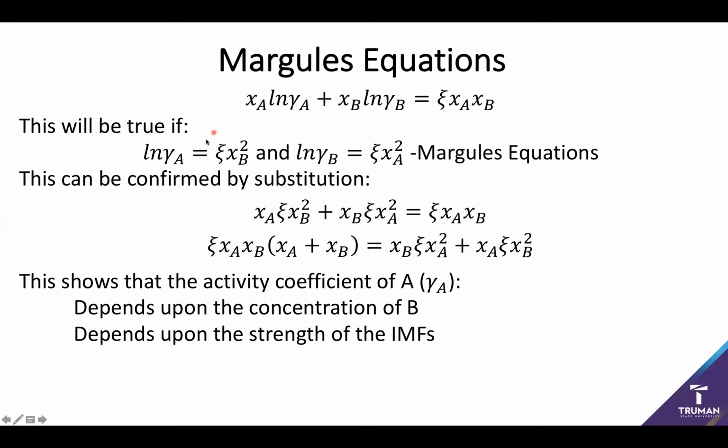But it also depends upon the nature of the IMFs. Again, remember, this xi value is equal to 0 if the intermolecular forces are identical to the starting species. So if this is 0, then guess what?